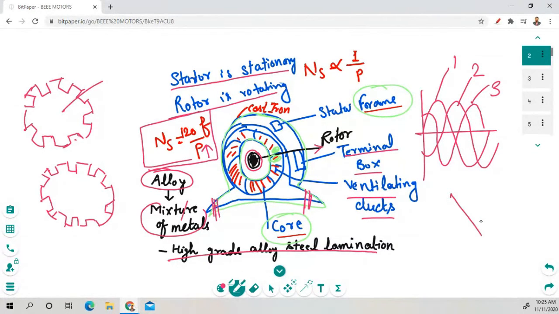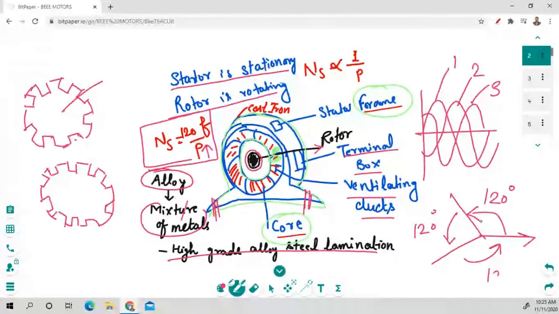How many degrees for each phase? We have seen in the last sessions that each phase is separated by a 120-degree angle. Understood? Clear? So this is phase number 1, this is phase number 2, and this is phase number 3.